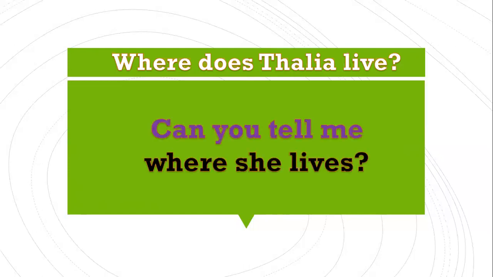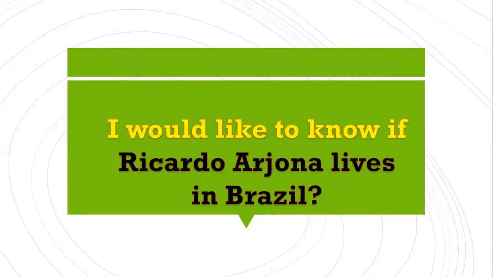Can you tell me where she lives? Or can you tell me where Talia lives? We can use both. What we have in purple is the introductory phrase, and then we have where she lives. So look, we are using the normal form of the verb in third person: she lives.